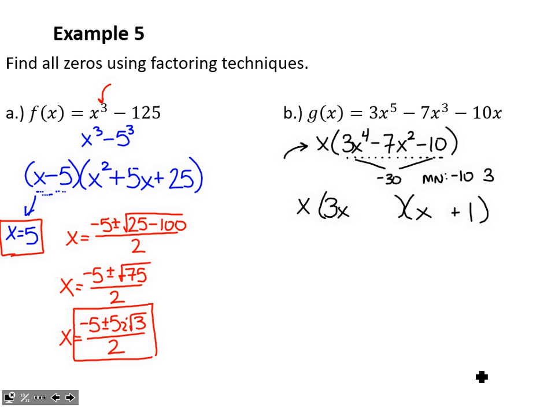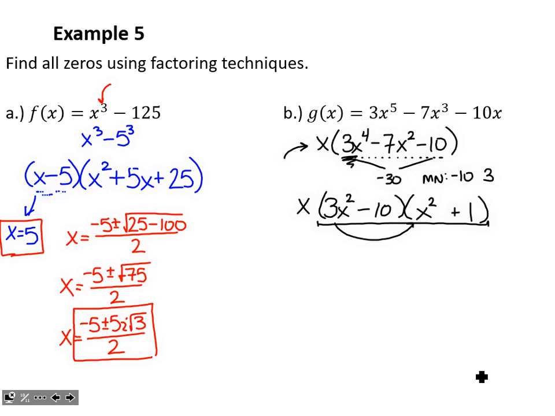The only thing is, though, take a look. If I'm just looking at these 2 factors, if I did first times first, 3x times x, that wouldn't make 3x to the 4th. I have to make these x squared terms in order to have that FOIL back properly. It's called quadratic form, and we saw it a little bit earlier on. I think it was section 4.4 that we talked about this.